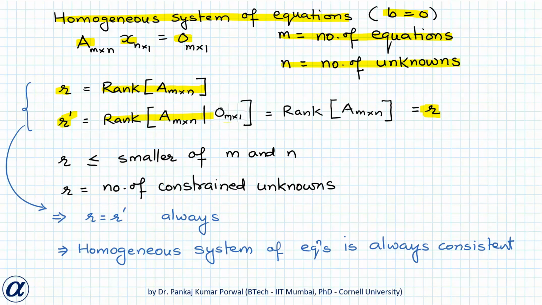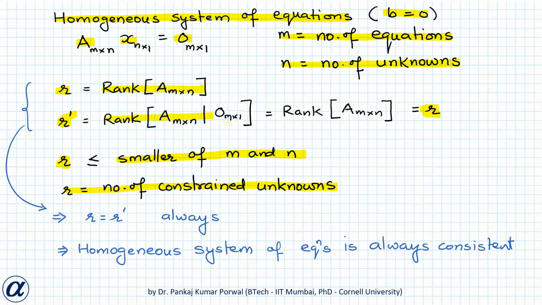And here also R will be less than or equal to the smaller of m and n, and R will be the number of constraint unknowns, which have to be solved using our system of linear equations.